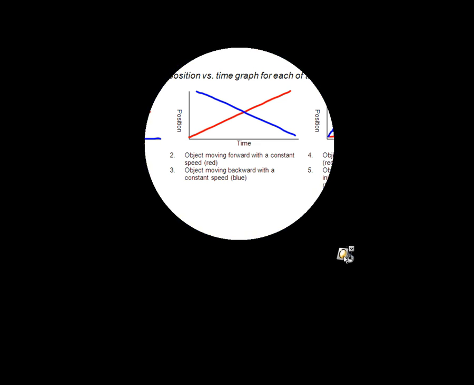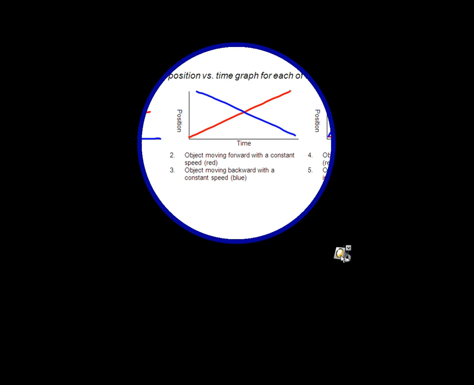Next graph would look like this. Object moving forward, object moving backward. What's the only thing that's different about them? From a velocity standpoint, they have a different slope. Well, from a general velocity standpoint, velocity tells you magnitude and direction.